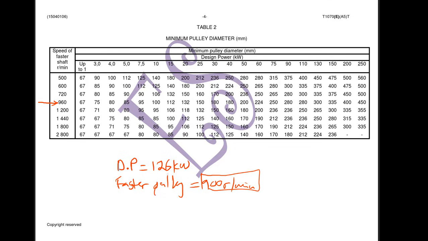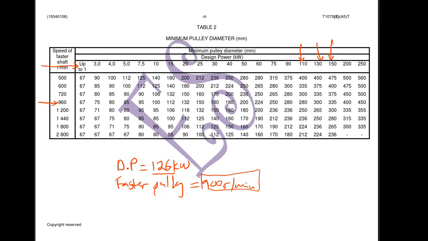The next one I have to consider is 126, and again I have to consider the number that is closest under design power, and you have to look along here. So I look at 110, 130 and 150, and I must find the number that 126 is closer to when I round it off.